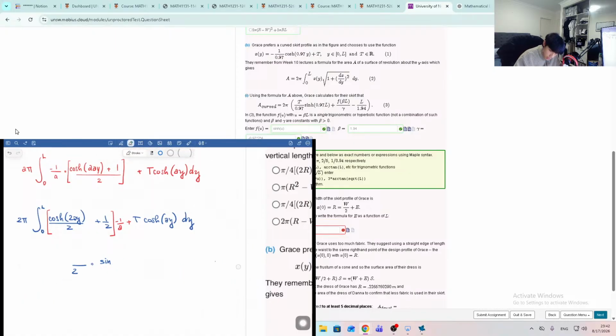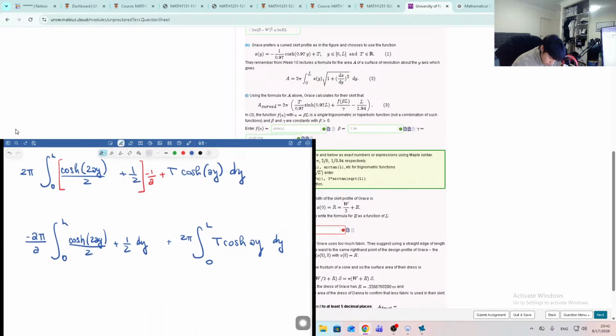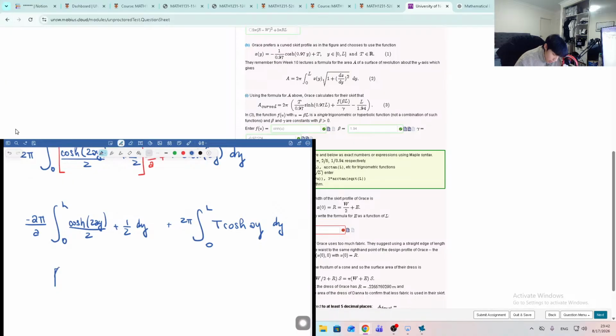It's like you have to do 2 pi on an integral of L of whatever plus the integral of 2 pi of t cos a y, cos 2 a y. Yeah, that works.